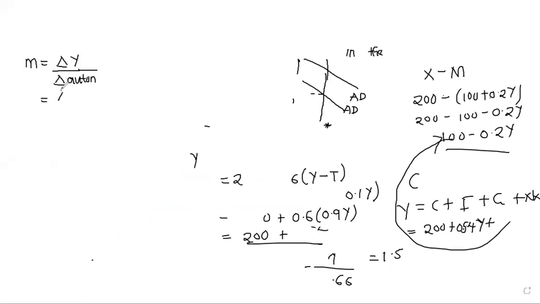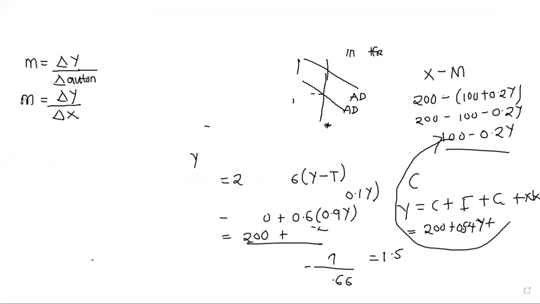But this time we're going to say change in Y. Which autonomous expenditure is changing? It is exports. So if exports increase by 100, what will be the change in equilibrium income?